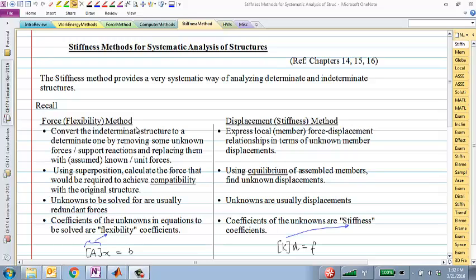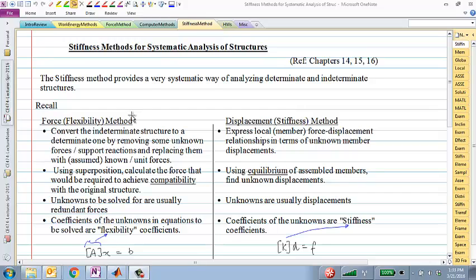So, okay, what we'll do today is do a very quick review of the MATLAB codes, actually the force and flexibility method for which I gave you the MATLAB codes, and then we'll jump into the stiffness method. So a while back, I reminded you of these two different methods of structural analysis that we commonly use.